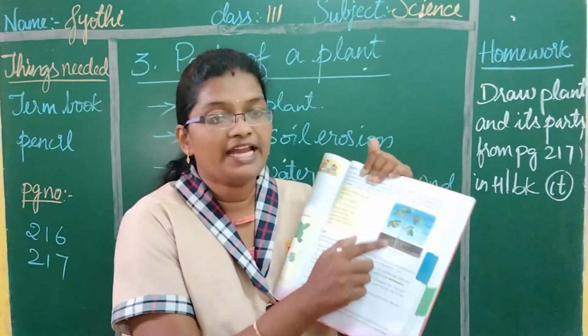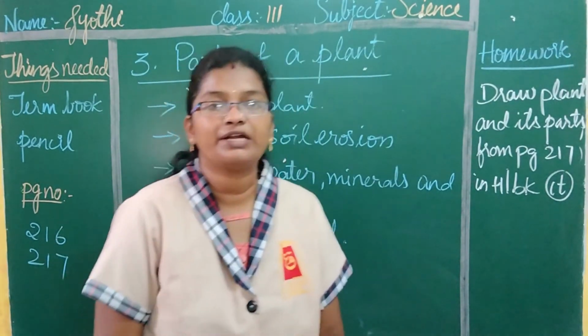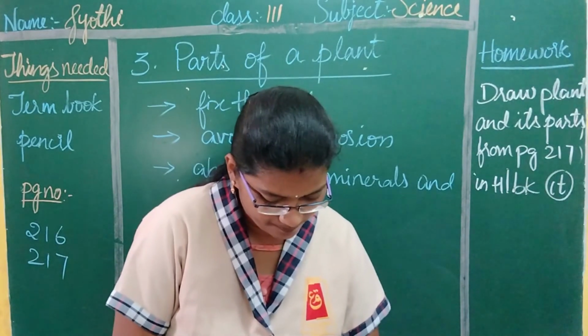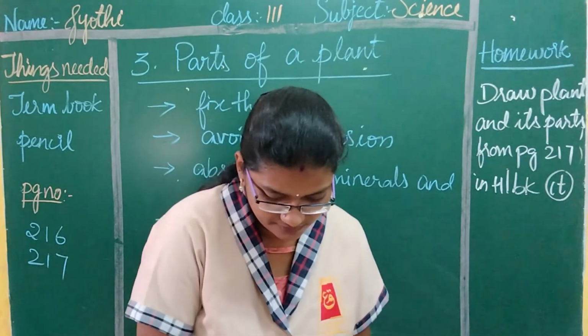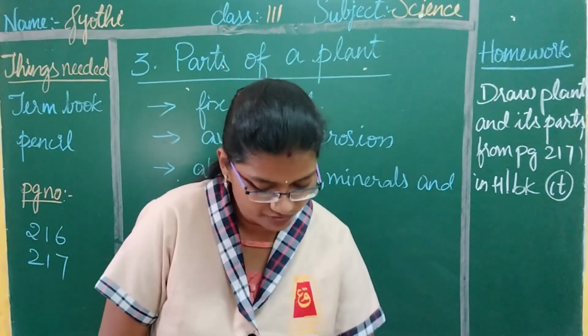Draw it, color it and label it. From page number 217 you should draw it one time in the homework book. And you should read the lesson and underline the new words also.